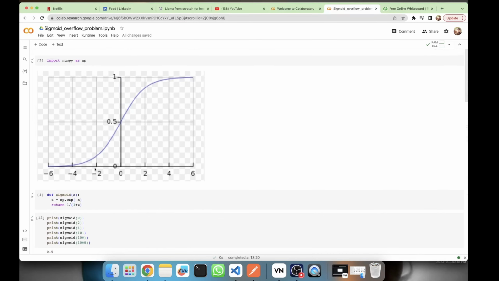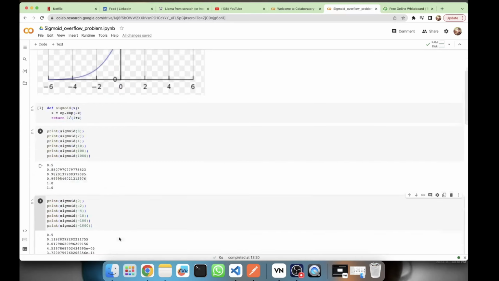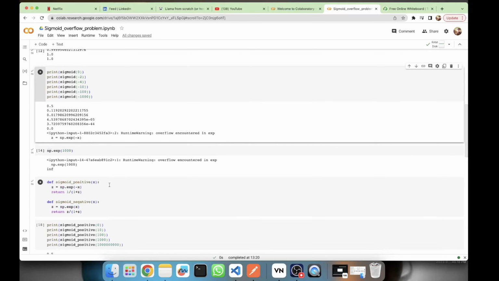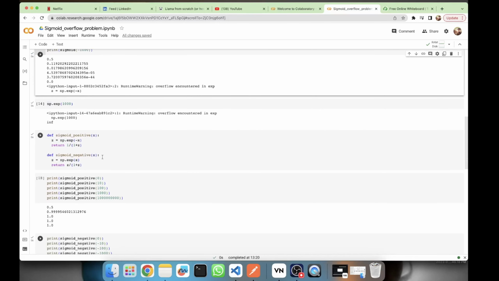This is how it is actually handled for you in libraries like PyTorch, sklearn, and TensorFlow. That's why we don't encounter this error. The ones who have implemented the algos for you have handled it behind the scenes. So in PyTorch, TensorFlow, and sklearn libraries, you will be seeing two versions of sigmoid.